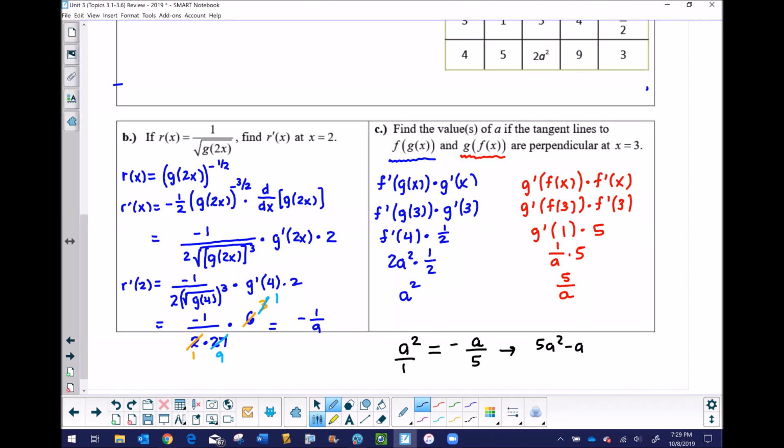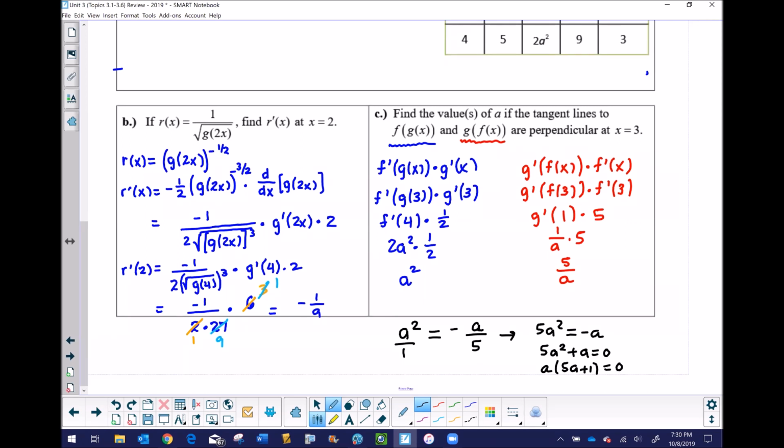Or I'm sorry, let's do that again. 5a squared equals minus a, right? And then you could just add the a over, and then you could factor. And once you factor, you can see that your two values for a would be 0 and negative 1/5.